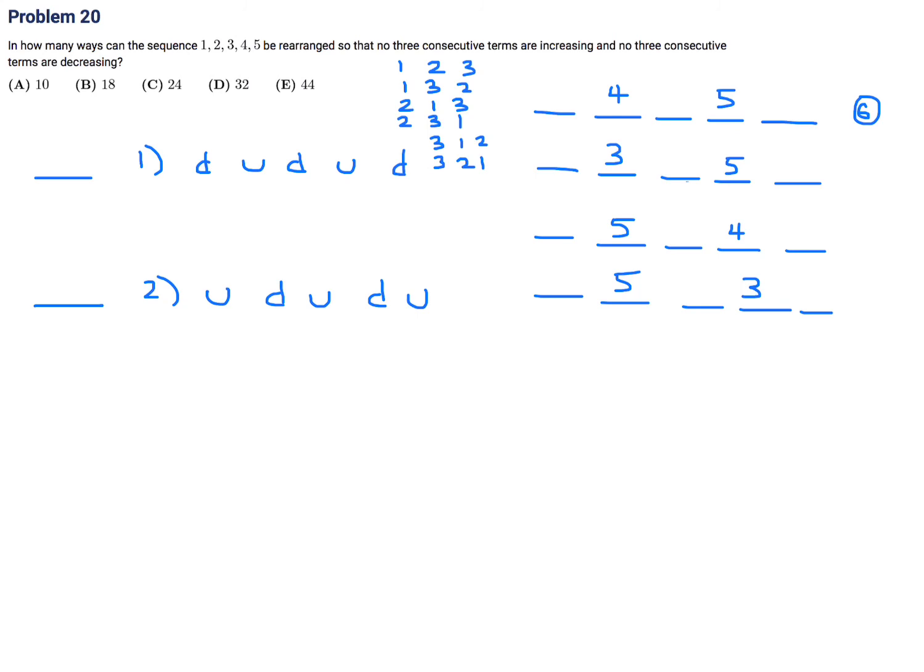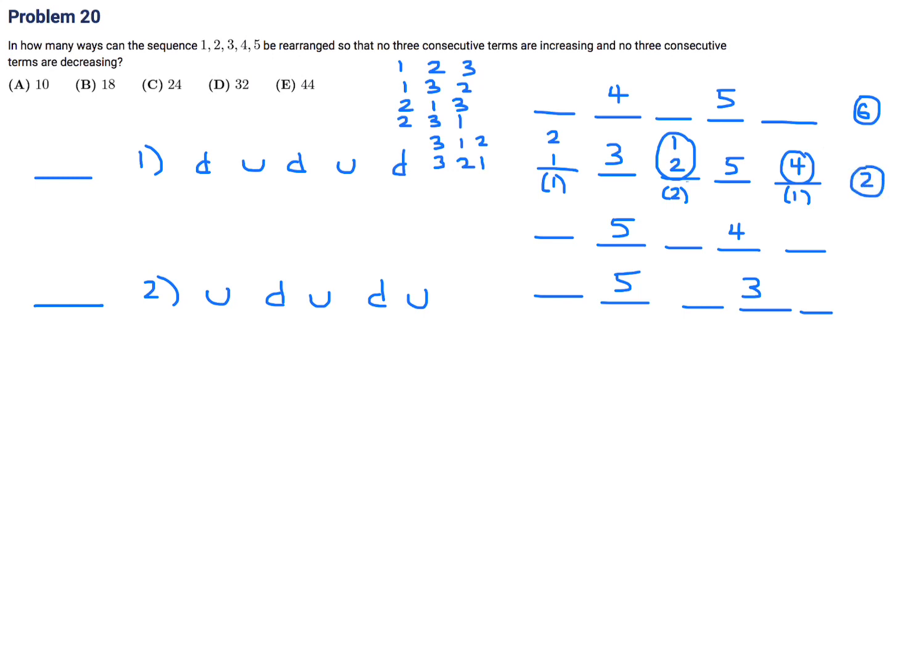So this number has to be a 2 or a 1. And this number is going to be either a 1 or a 2. So the 4 has to go there. So that means the 4 is fixed here, but I've got 2 choices here. And then whatever number goes here, the remaining number would go here. So it looks like I've got 1 choice here, 2 choices here, but then 1 choice here since there'll be only 1 number left. So 1 times 2 times 1, that's 2.